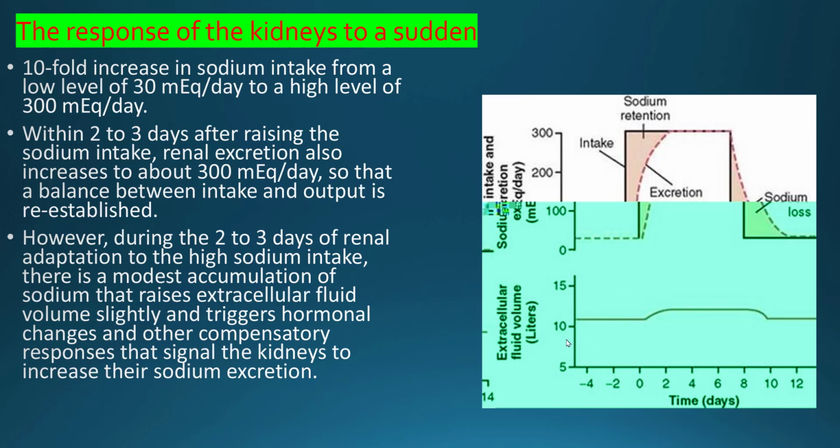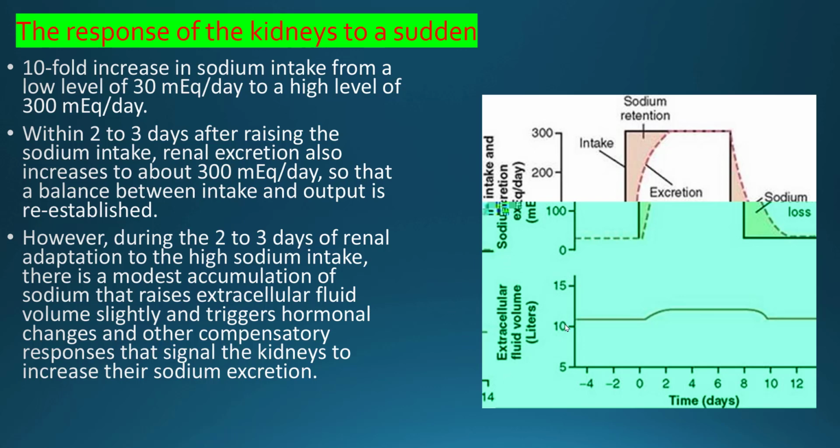However, during the 2 to 3 days of renal adaptation to higher sodium intake, there is a modest accumulation of sodium that raises extracellular fluid volume slightly and triggers hormonal changes and other compensatory responses that signal the kidney to increase sodium excretion.